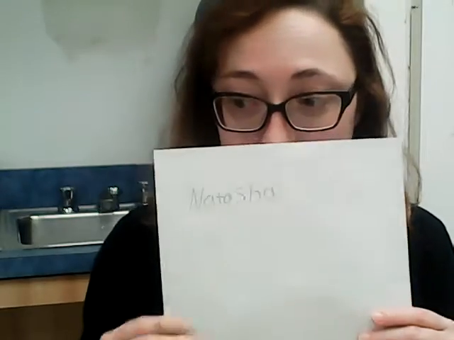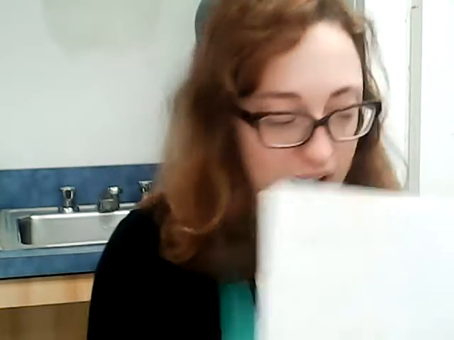Let's jump into it. I'll be using my name, Natasha, which is my street name, what I use at home, and I'm just gonna take you guys through. I'm gonna use different forms of lines to write my name, and then you guys will do the same at home. So let's get started. Here we go.